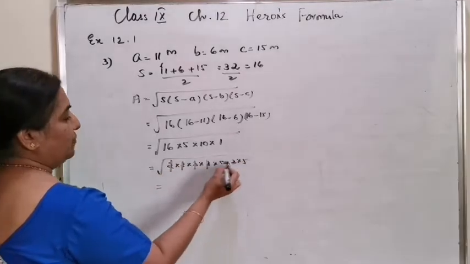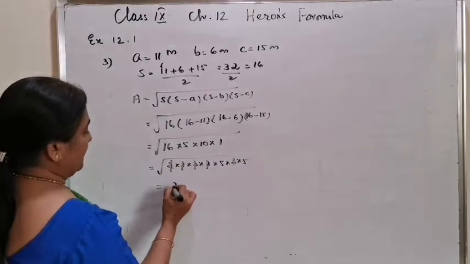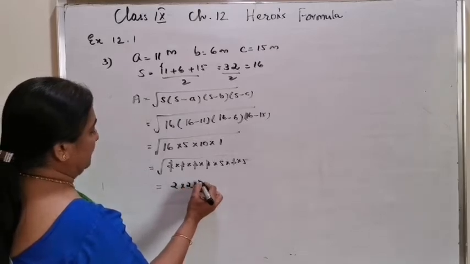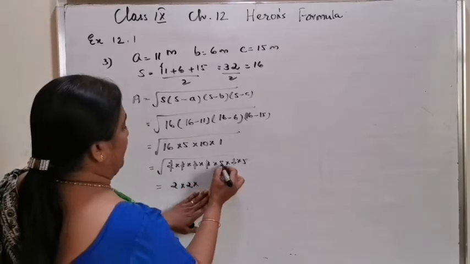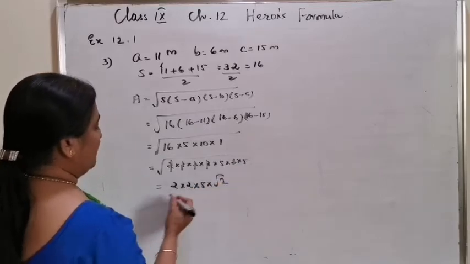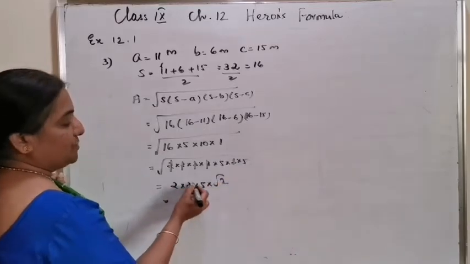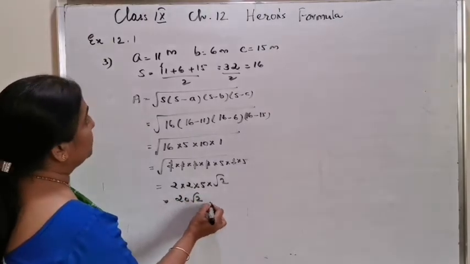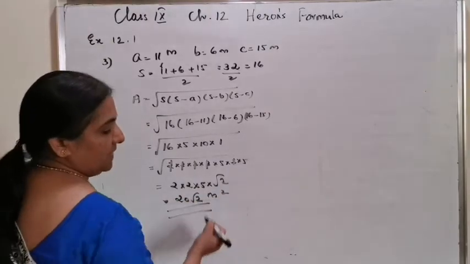That means 2 into 2 into 5 into square root 2. 2 2s are 4, 4 5s are 20. It is 20 root 2 meter square.